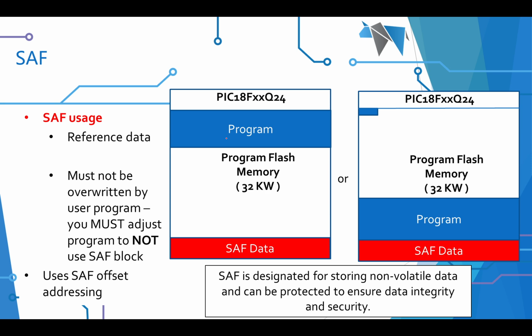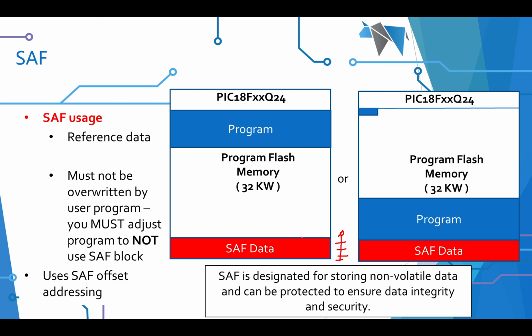Now, that's similar to what I'm going to show you called EEPROM, but it sits inside of program memory, and it's always at the same location. It's always from the top of memory downwards, and it comes in little pages of memory, and you can control those in your configuration.